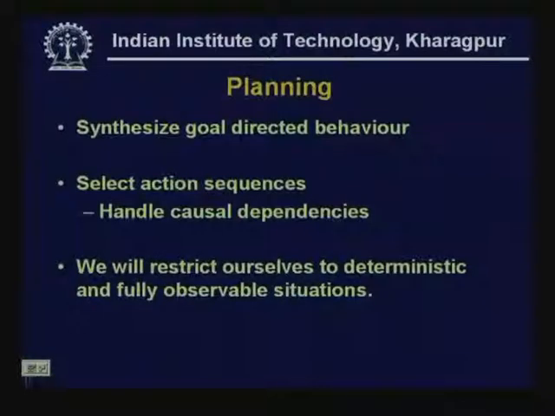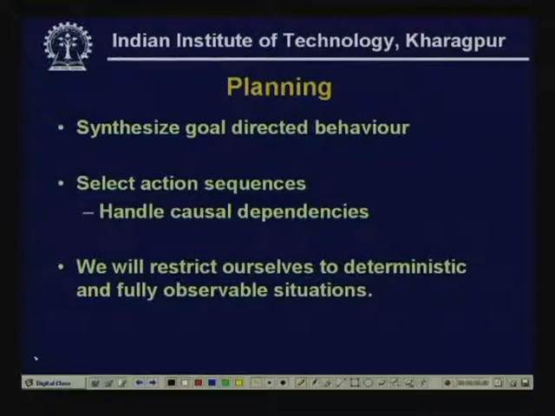So in planning problems, the task of the agent is to synthesize goal-directed behavior. The agent has a goal which the agent wishes to achieve, and the objective of the agent is to select a sequence of actions, let us say A1, A2, A3 up to AN, so that as a result of executing the actions in this sequence, the agent will get to a state where the goal is achieved.